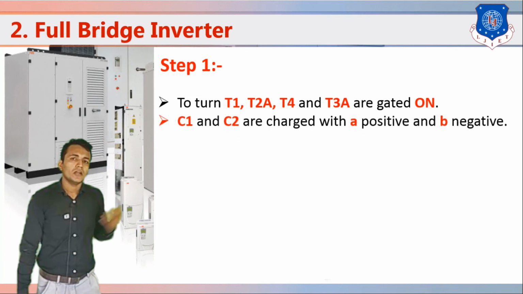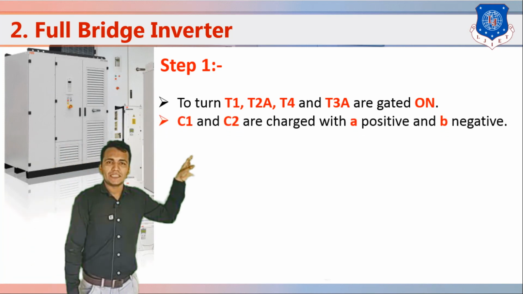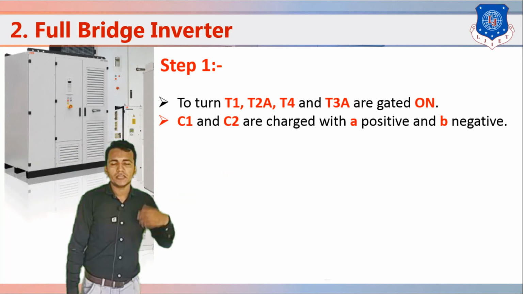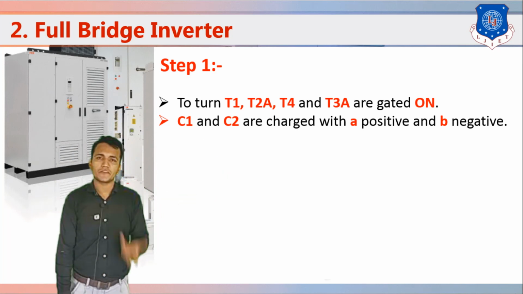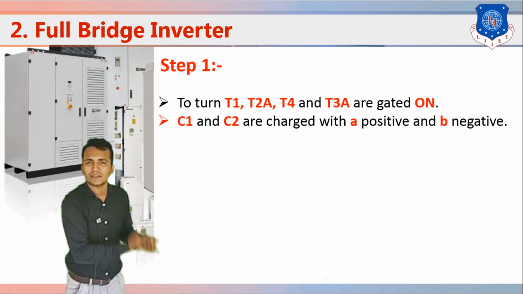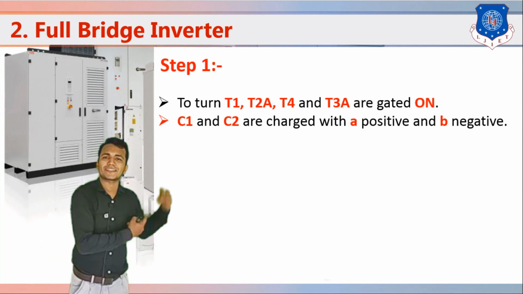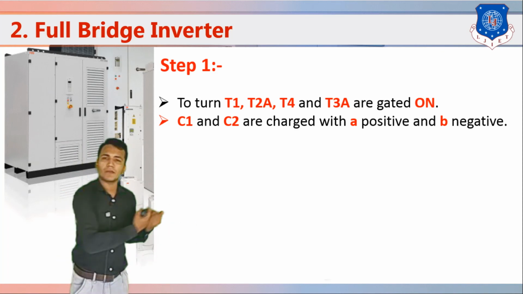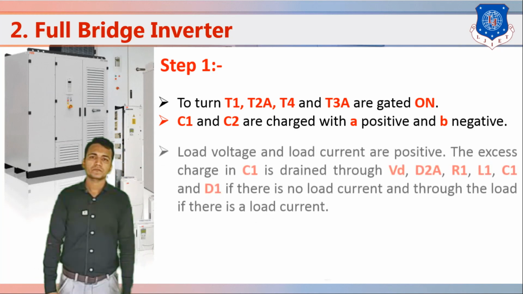Then C1 and C2 are charged with positive and negative polarity. In the previous half bridge inverter we charged only capacitor C1, but here there are two capacitors, so we charge capacitors C1 and C2.